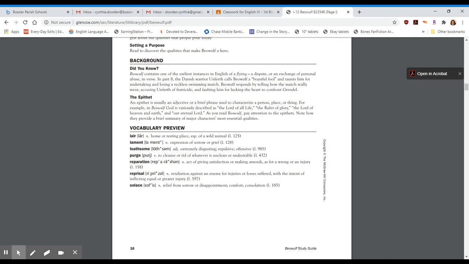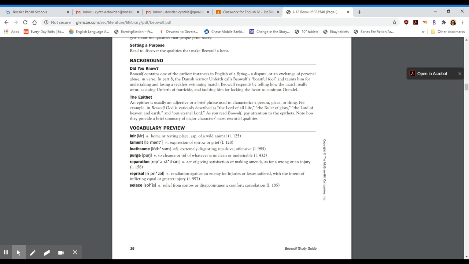To purge, everybody knows what that means from the movie, and it does mean to cleanse or get rid of whatever is unclean. Reparation is the act of giving satisfaction or making amends for a wrong or an injury. So that's basically just apologizing, trying to make up for something wrong that you did.